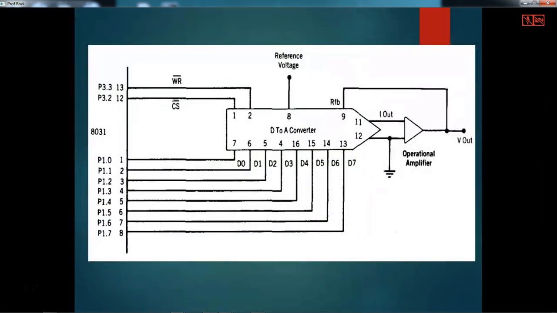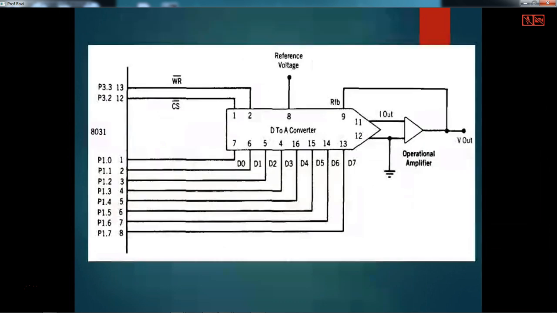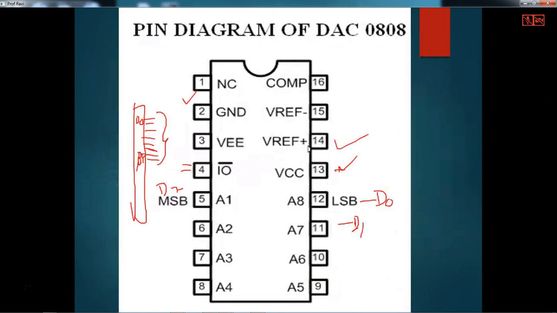D0 to D7 is connected to the pins 7, 6, 5, 4, 3, 2, and then 13, 14, 15, 16.